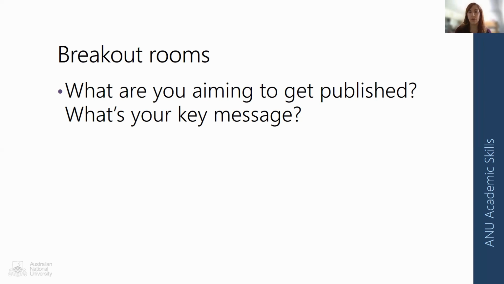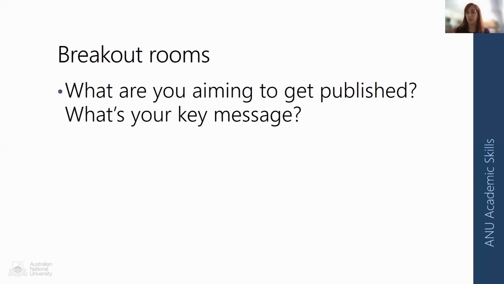That's something we've talked about in the writing your journal articles workshop. Honing in on what that key message is will help direct you to target the right journal to suit your findings, but also help you think about how to address your audience, based on who's reading the journal.